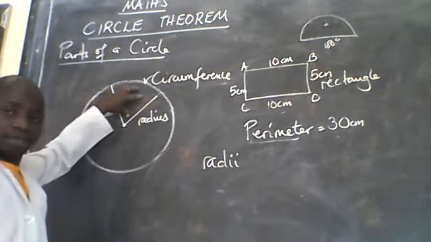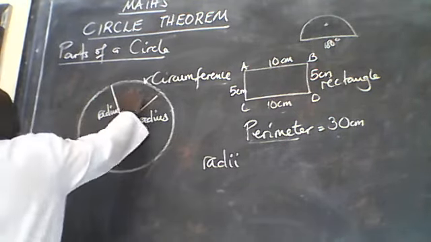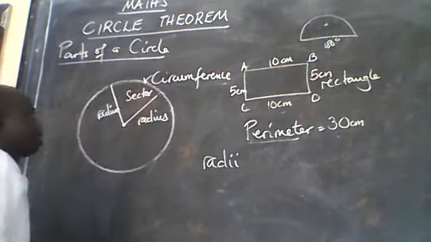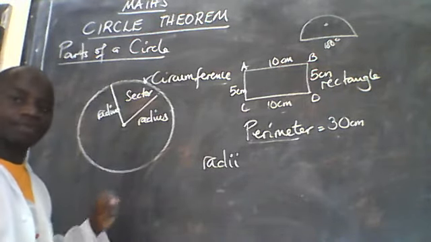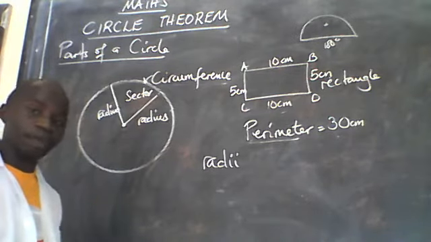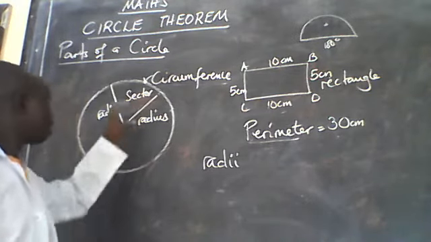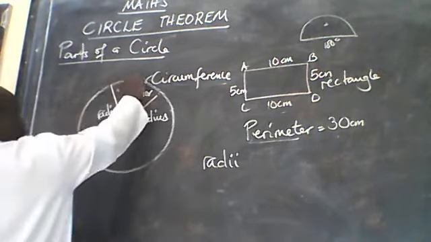The region between two radii is what is called a sector. Did you see a question, the one I solved for 2019, grade 12, paper 1, there was a sector there. So this is called the sector.